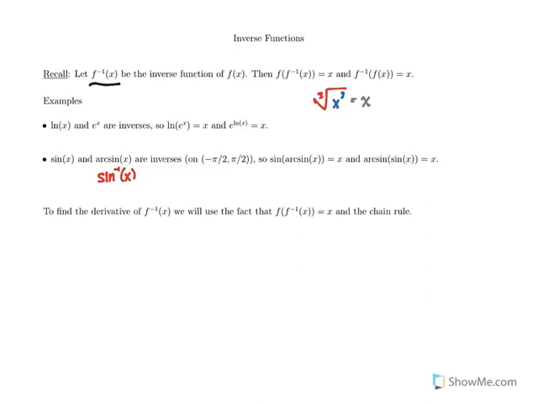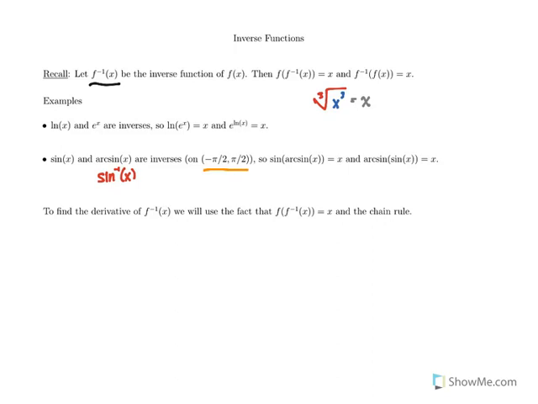Those are inverses, but only on the special interval -pi/2 to pi/2. Arc sine has a restricted range, but barring that, these are inverses. So sine of arc sine of x is equal to x, and arc sine of sine of x is equal to x. And we're going to use that kind of relationship to build the derivative of the inverse.